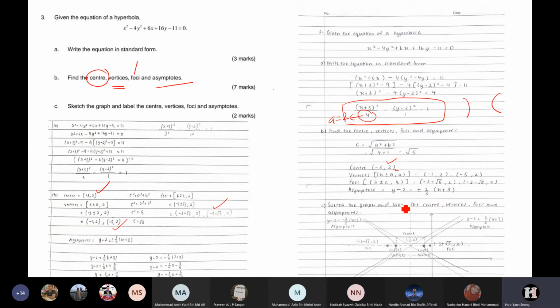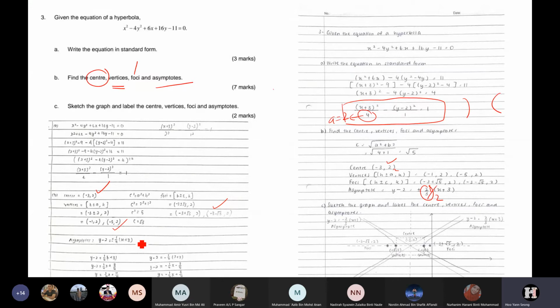Then, asymptote. This person did not admit it, saying that at that time she was doing something else. So she just simply picked the 2, 3 over here, so that's why she put 2, 3. Actually, this one is 1 over 2.